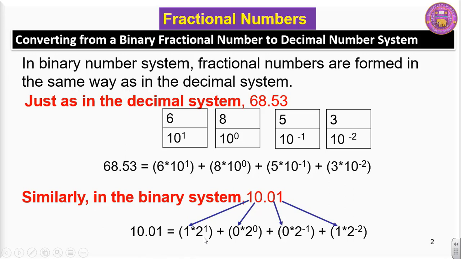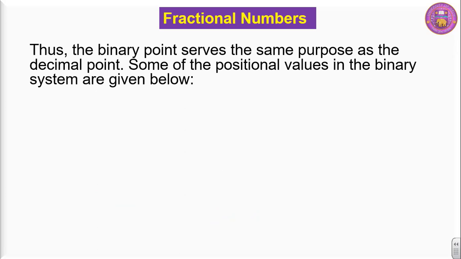This is the way we do it in the case of binary system. So the way we handle fractions in decimal number system, we use the same way in case of binary number system. Thus the binary point serves the same purpose as the decimal point.